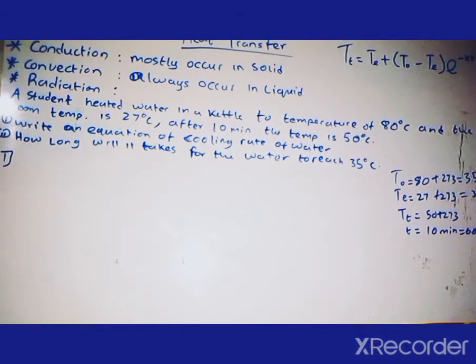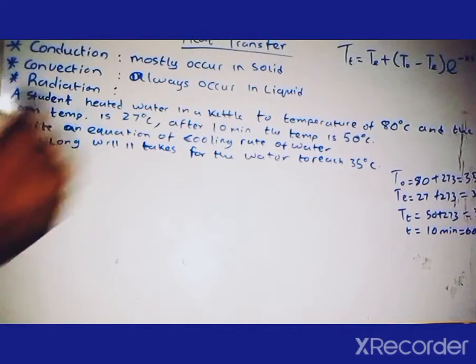300, and this plus this, 50 plus 273, which is 308. Now let's insert these values.